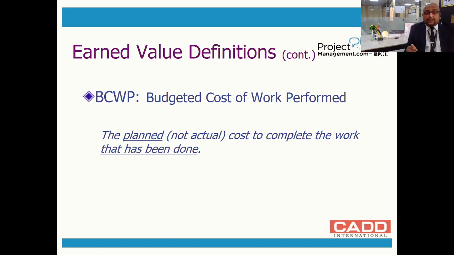The budgeted cost of work scheduled was something different, the actual cost of work performed was something different, and here it is totally different. I had done some work, and I'm talking about the amount which I planned to complete that work, not the amount which it took to complete that work.